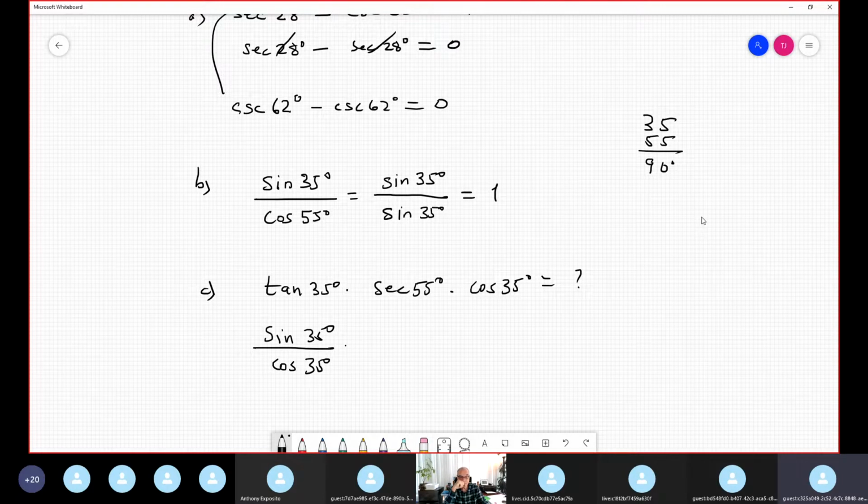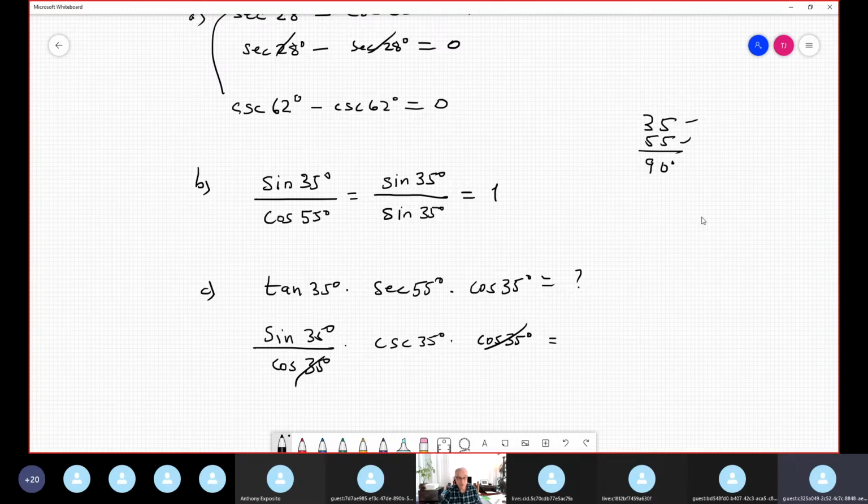And this is a different angle, 55. But I know that 55 and 35 together are complementary. So immediately I replace it by the cofunction, which is cosecant 35. Make sense or no? Multiplication by cosine 35. Wow, nice. I like that, because everything uses the same 35. This and this cancel out.